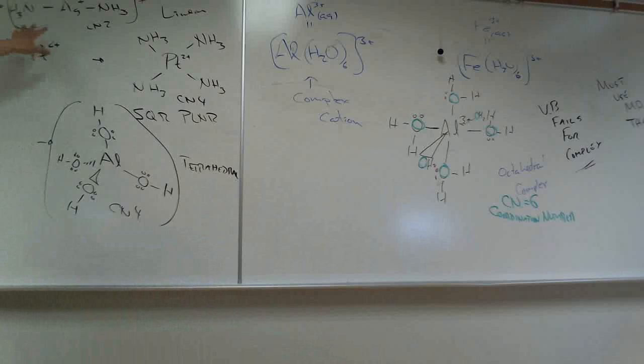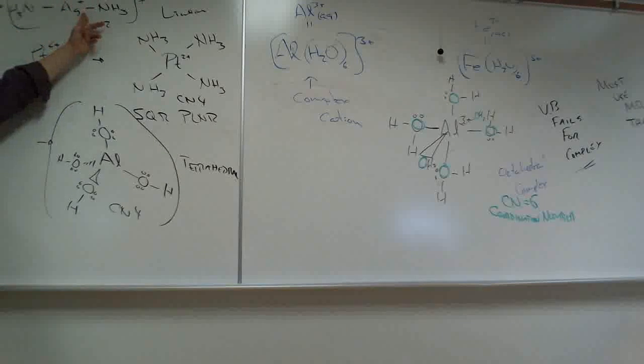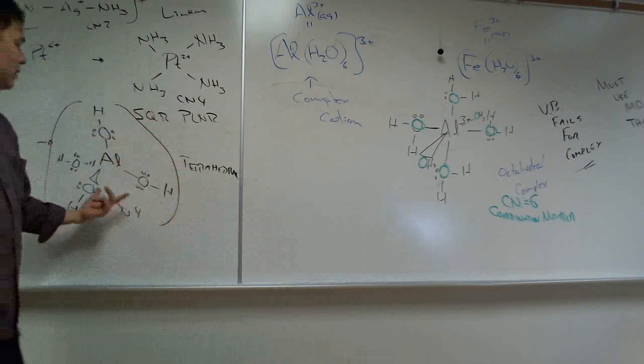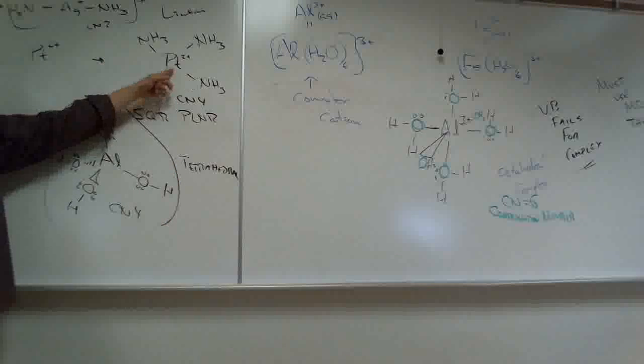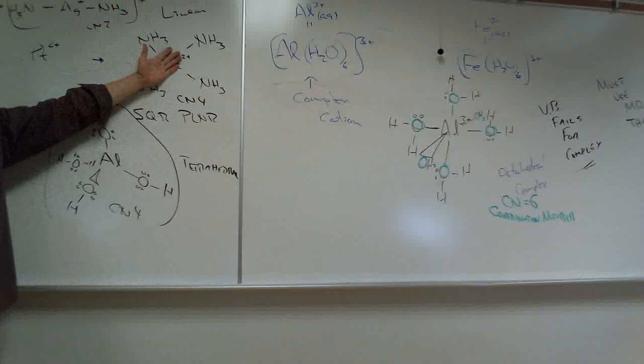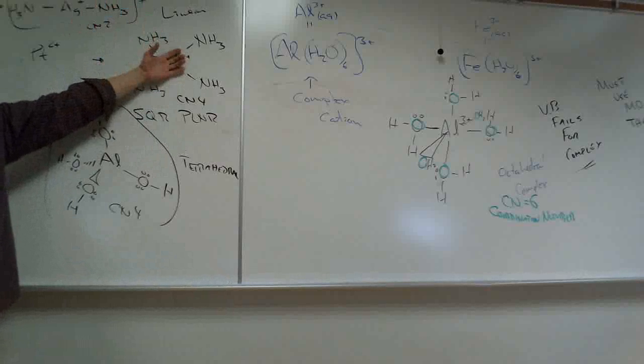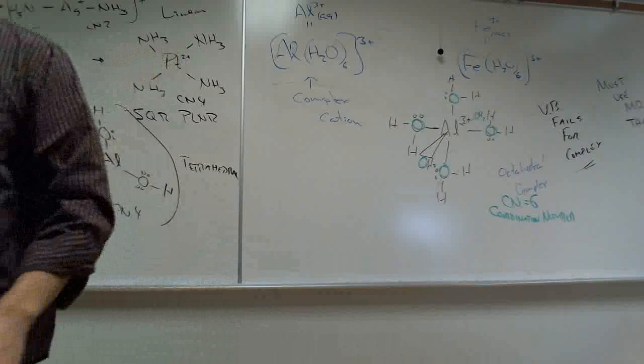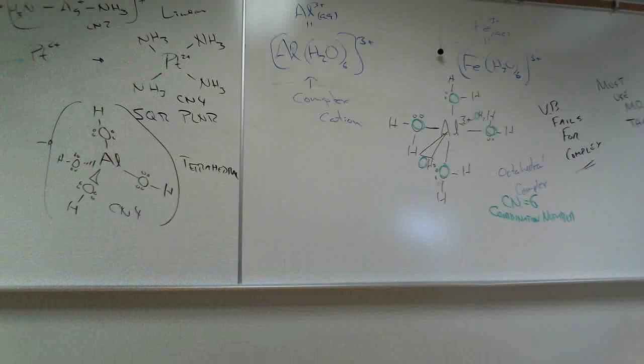Why only 2 here? There's plenty of room, isn't there? Can we have 4 more come in here and attack silver? Or can we just have 2 more attack platinum? There's empty space above and empty space below, right? Why can't another ammonia come and bond to it? Those are good questions that you want to be able to answer, right?